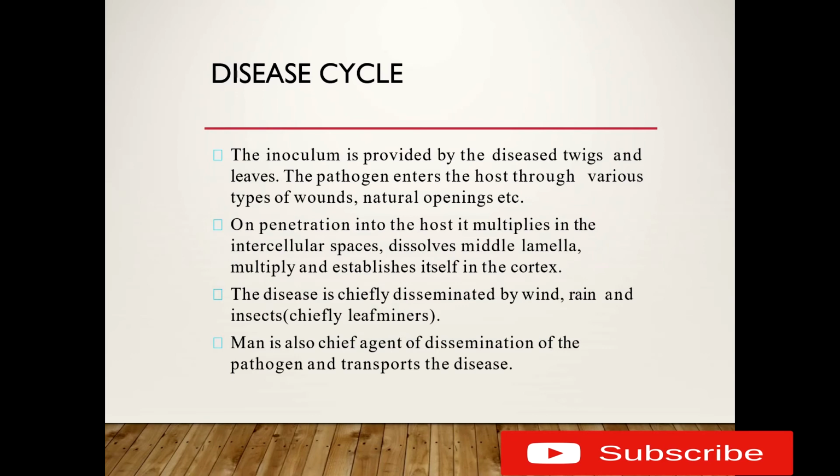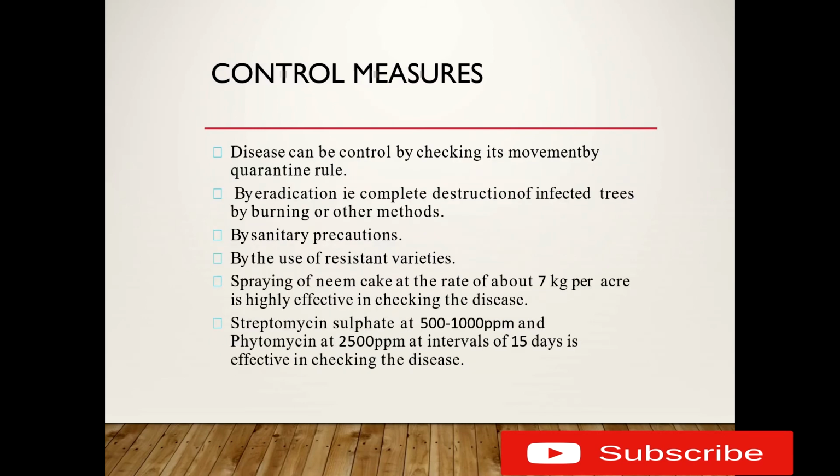That middle lamella is affected by the pathogen and dissolves, and then the pathogen multiplies and establishes itself in the cortex. The disease is disseminated by wind, rain, or sometimes insects. Another dissemination agent is man, who carries the pathogen and transports the disease.